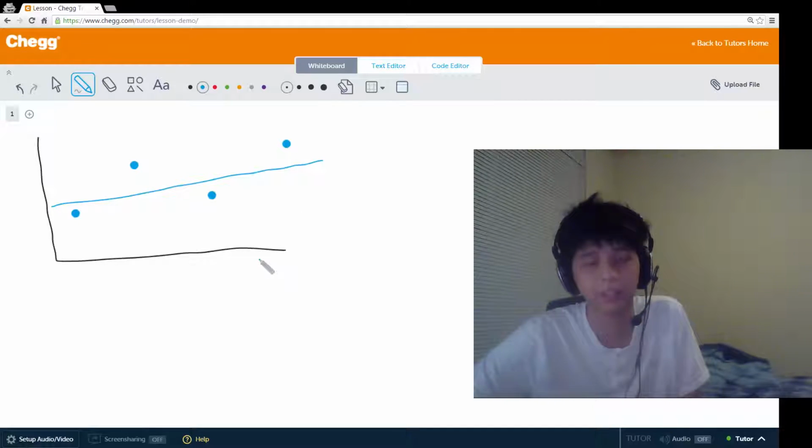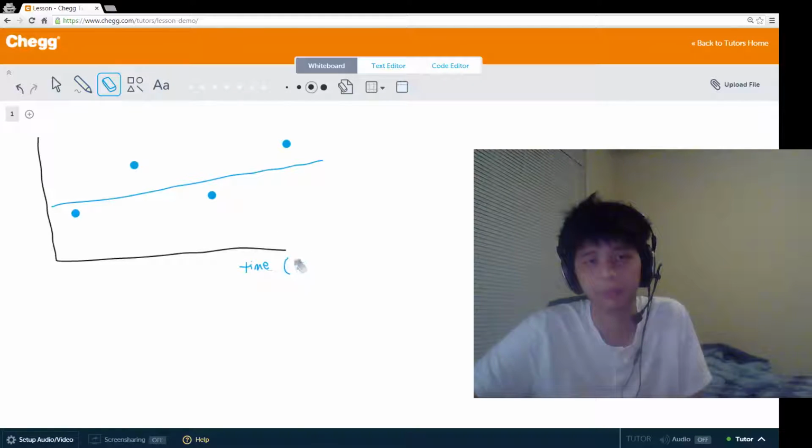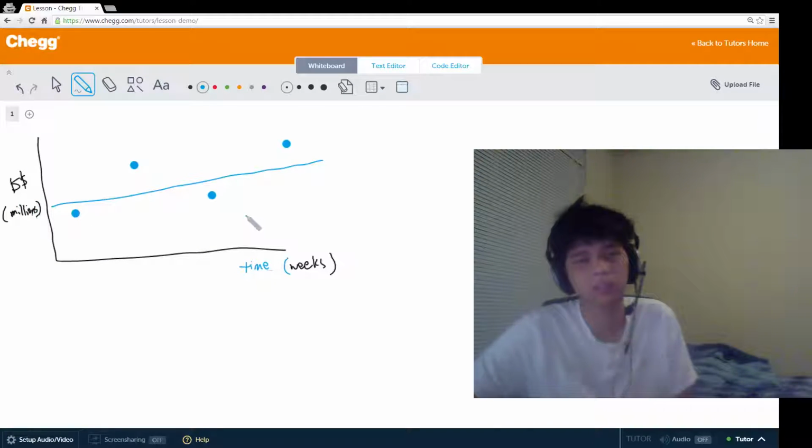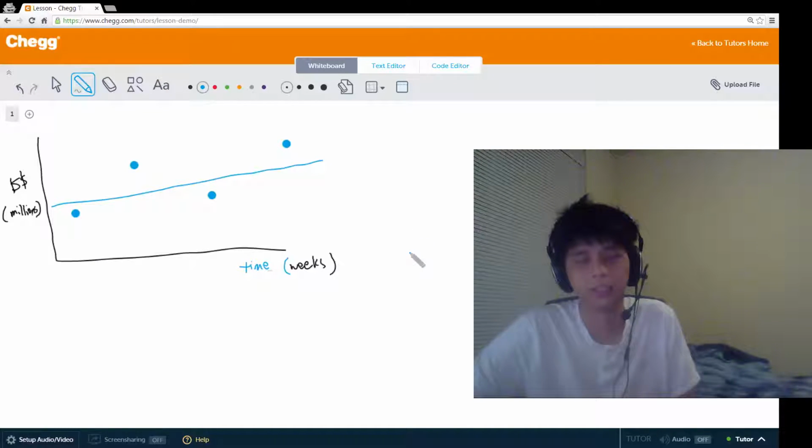So here, let's say our x value is time. On our x-axis we have time in months, or let's say weeks, time in weeks. And on our y-axis we have the dollar value, let's say in millions, why not? So this graph plots the week number versus the value of the stock in that particular week.